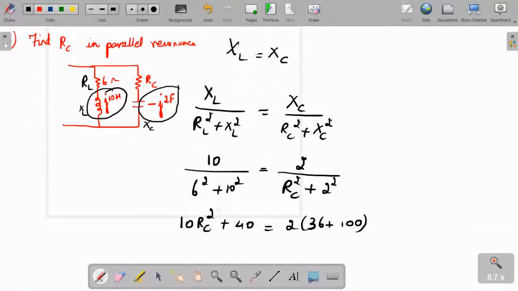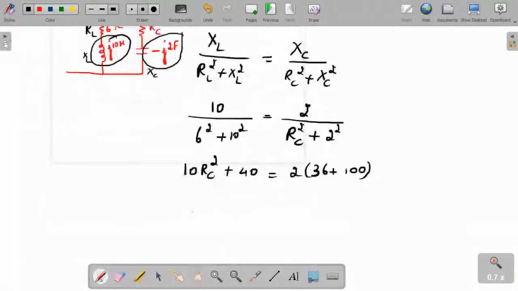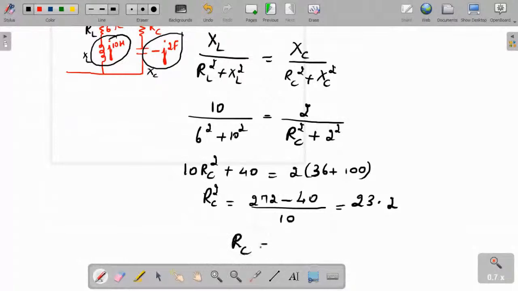So RC square will be equal to 272 minus 40 divided by 10, so 232 by 10, 23.2. Taking the square root, you get RC is equal to 4.816 ohm. This is the required value of RC.